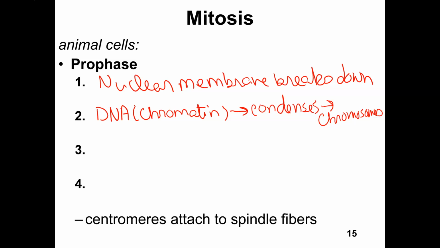So now we have these chromosomes that are held together at a region known as the centromere. The spindle fibers in the centrioles start moving. So centrioles move to opposite poles of the cell, and spindle fibers within those centrioles start to form.